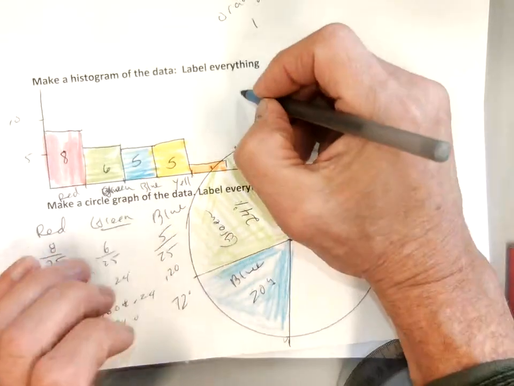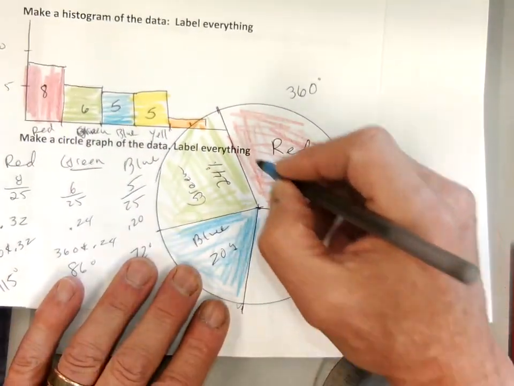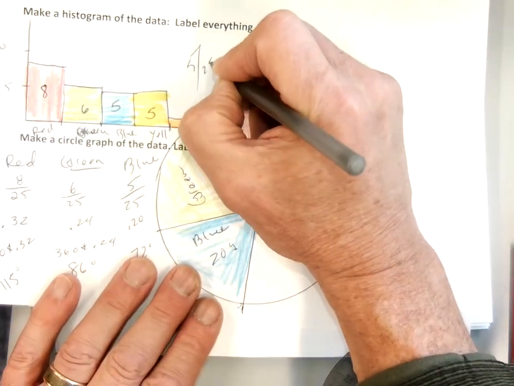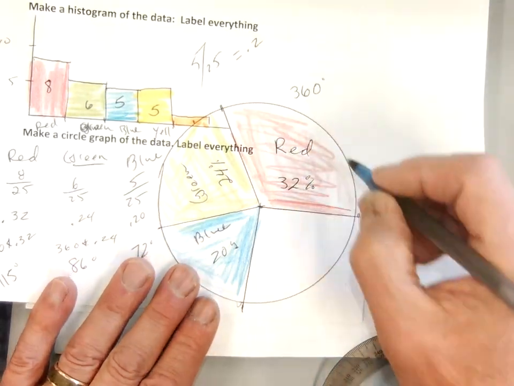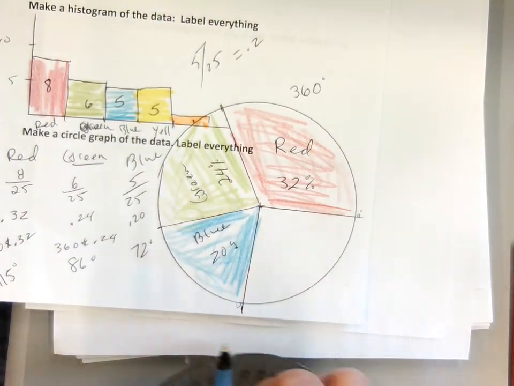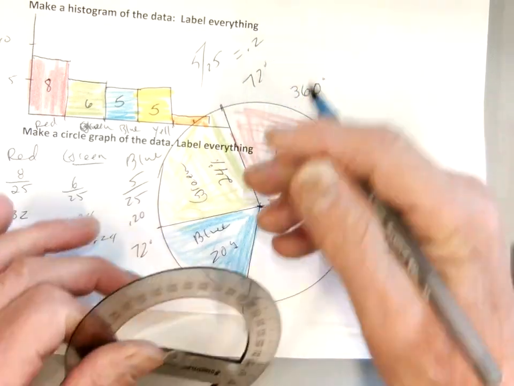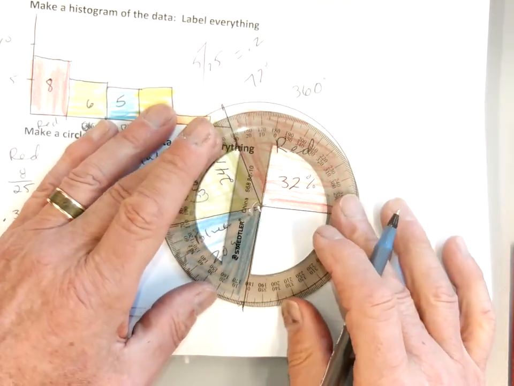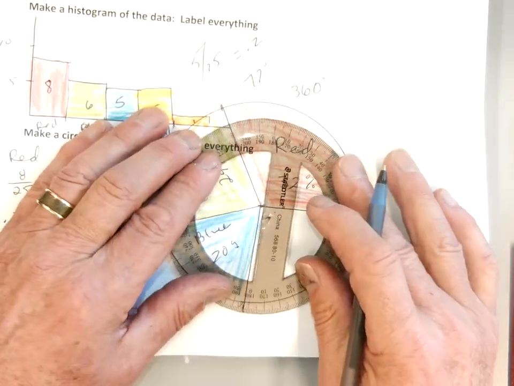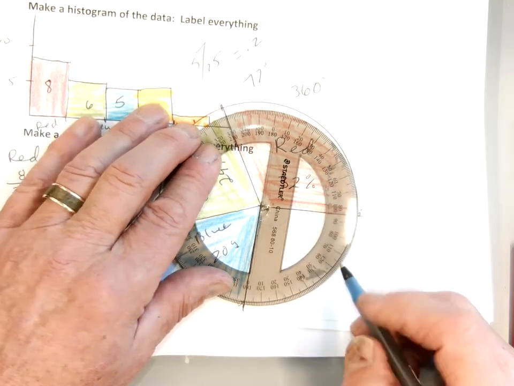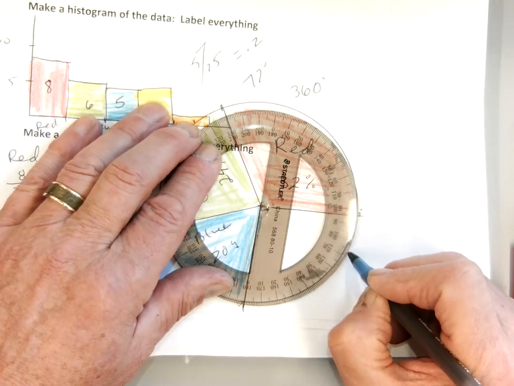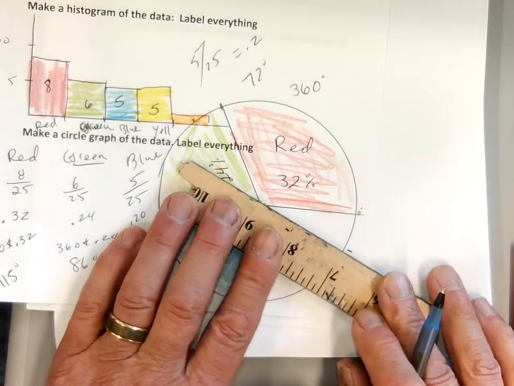And then my yellow, same. My yellow is going to be 5 out of 25, which is also 0.2 or 72 degrees. So again, I'll put my protractor, flatten it out, and go 72, which is about there. And what's left over obviously has to be my orange.